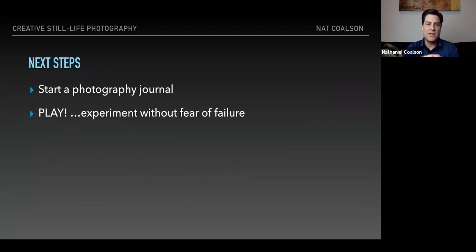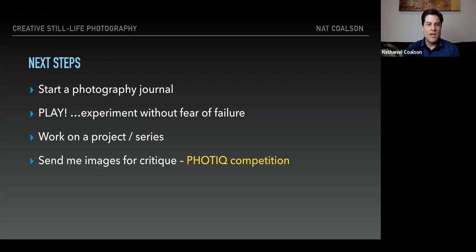Maybe a side note to this is that if you're not having fun with whatever it is that you're shooting, shoot something else, right? There's no point in working on something that you don't love. You really want to get your head around this project mentality and this way of looking at working in series, and have a concept or a theme or a subject that you're working on over potentially a long period of time.